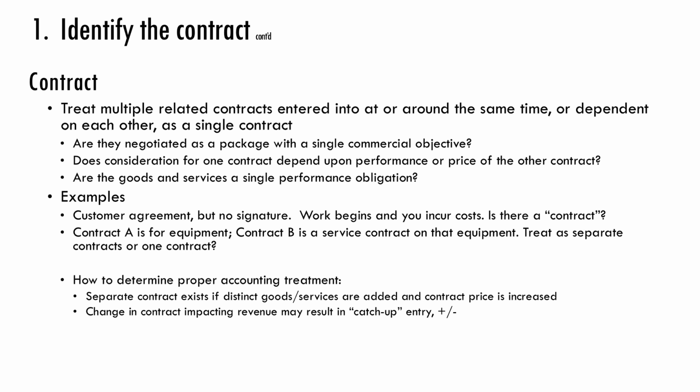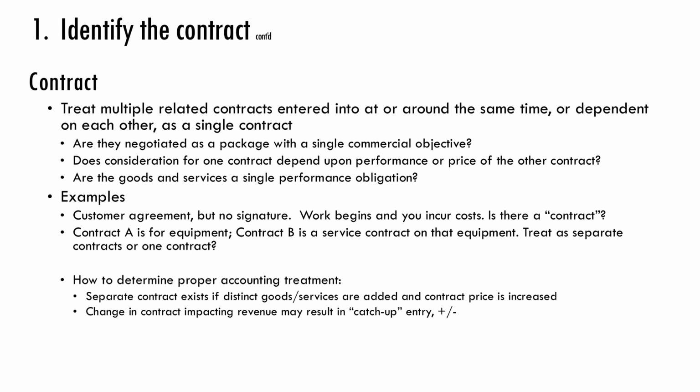And are the goods and services in effect a single performance obligation? So I'm selling you a system with a service contract. Is it really a single performance obligation? I'm selling you a system guaranteed to run for 3 years? Or is it in fact, here's your package and here's your service contract separate? Again, if there's a dependency, treated as a single contract.